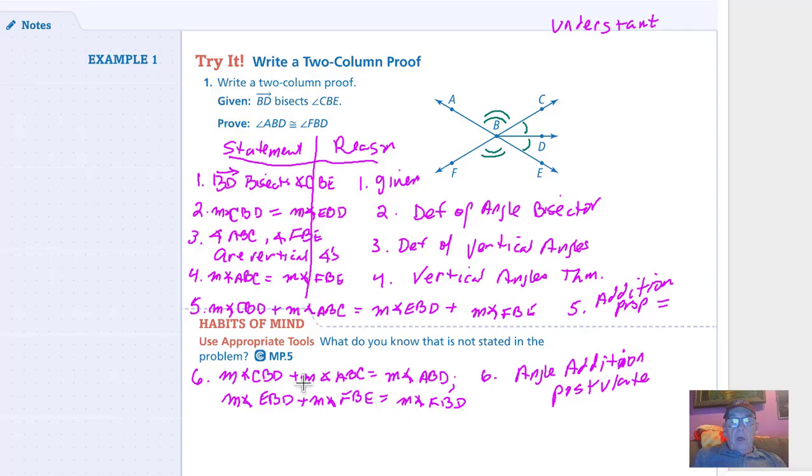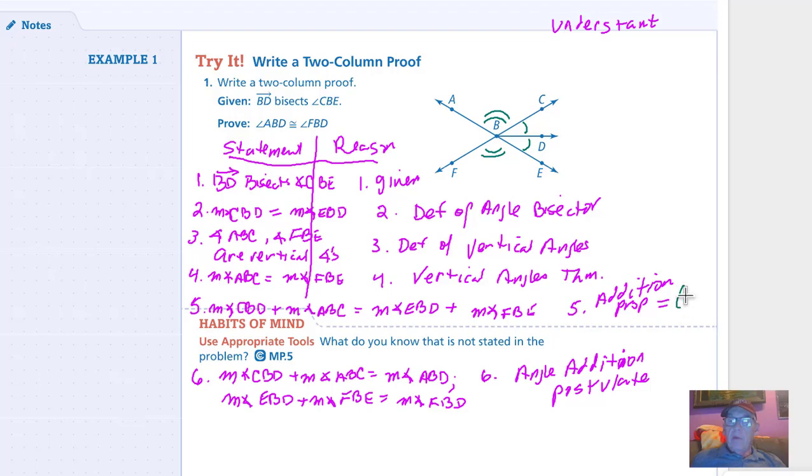So now we're going to use 6 and 5 together. And so let me go back and clarify this a little bit more. What we did here with step 5 was we used steps 2 and 4 together.